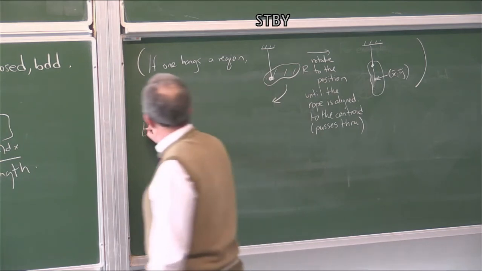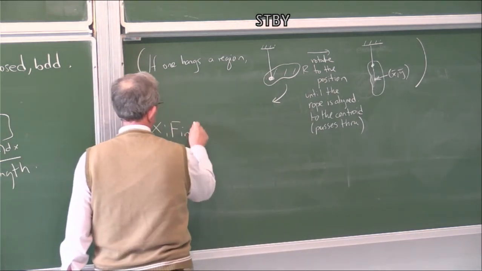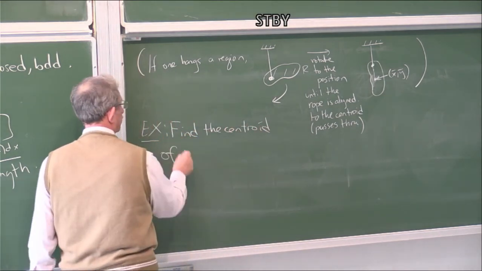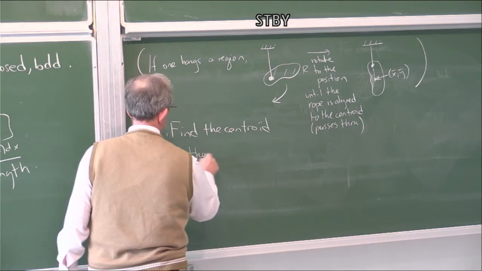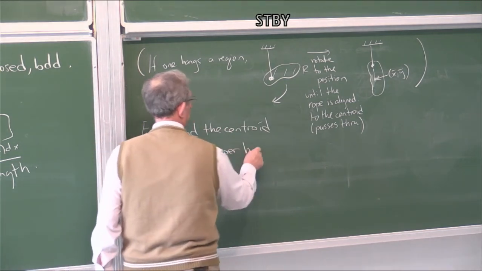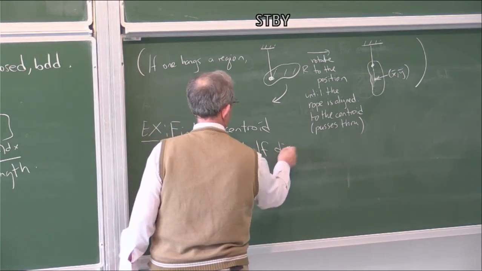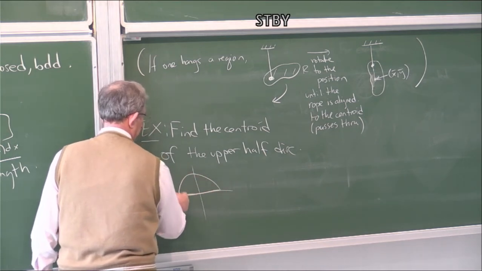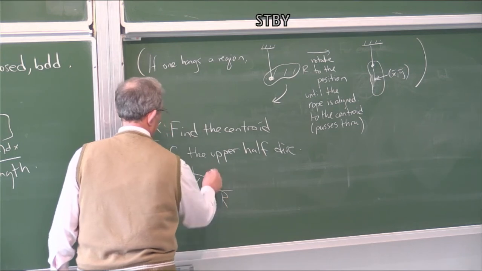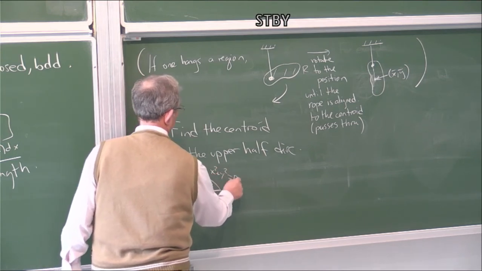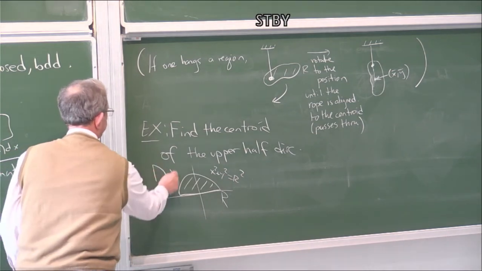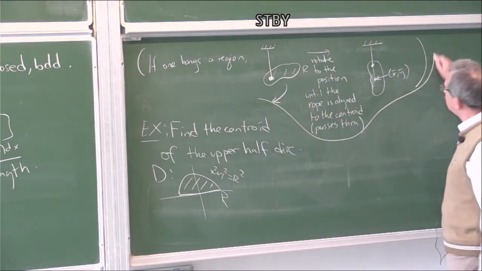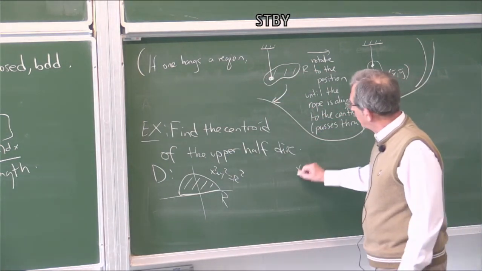So the example is the following. Find the centroid of the upper half disk. That is this. This is D. Well, this is a simple calculation. Namely, we have to find x bar.